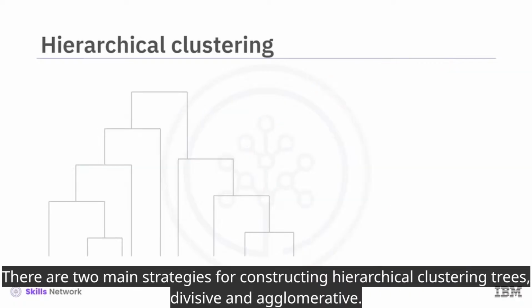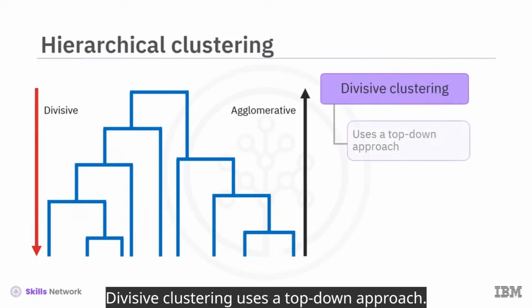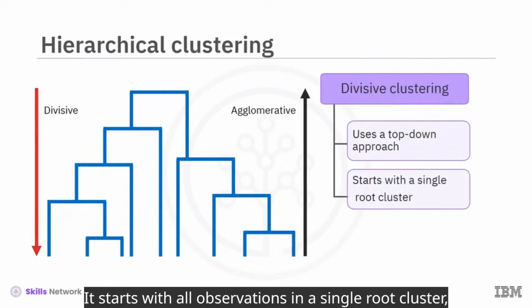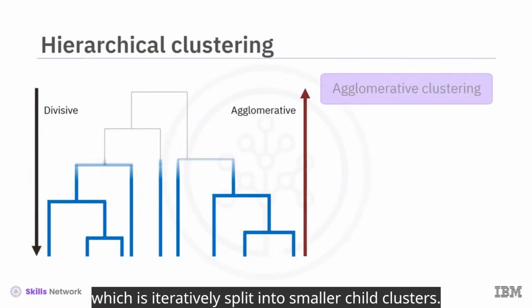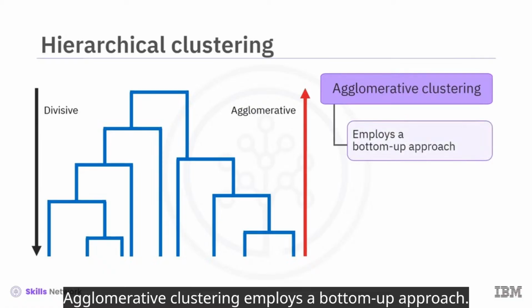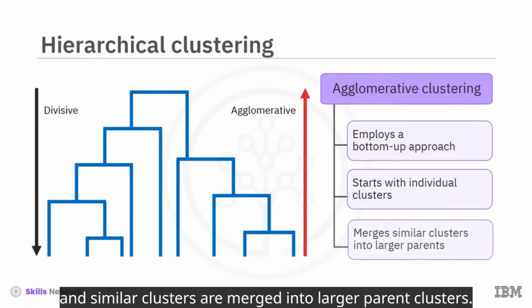There are 2 main strategies for constructing hierarchical clustering trees: divisive and agglomerative. Divisive clustering uses a top-down approach. It starts with all observations in a single root cluster, which is iteratively split into smaller child clusters. Agglomerative clustering employs a bottom-up approach. Each observation begins as an individual cluster, and similar clusters are merged into larger parent clusters.